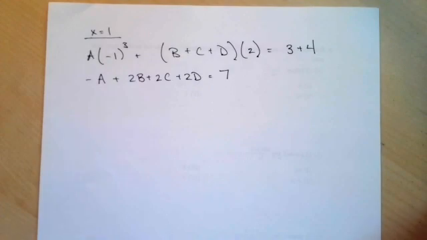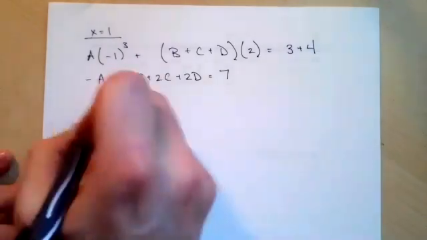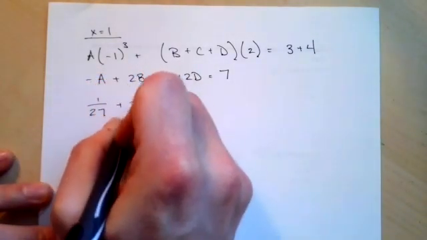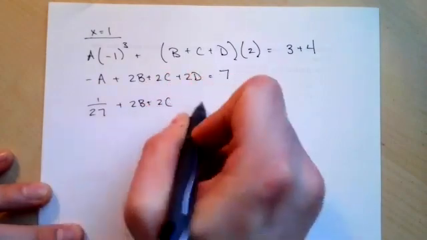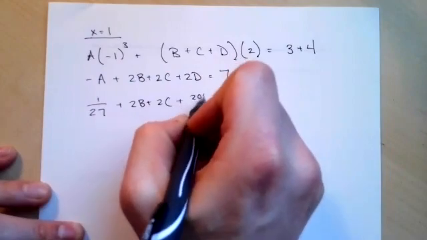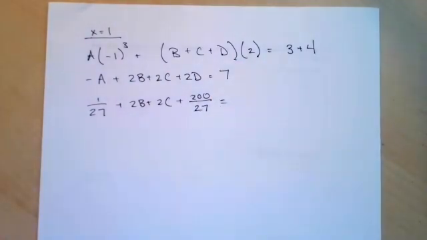So let's go ahead and do our fractions here. So A was negative 1/27th, right? Yeah. So I'll have 1 over 27 plus 2B plus 2C plus 200 over 27. Let's go ahead and find our common denominator of 27.